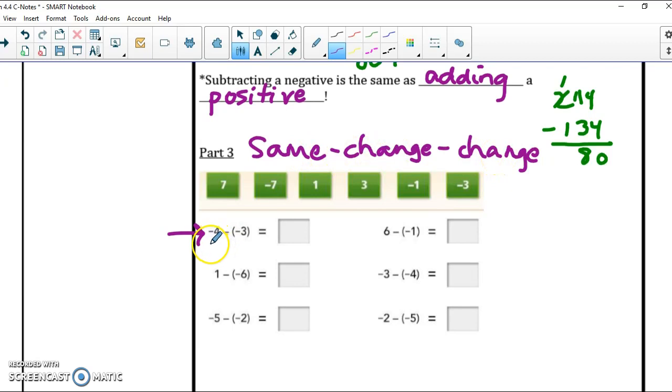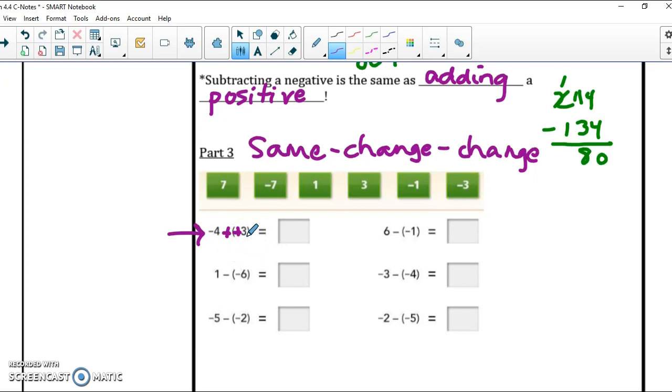So for this example, I'm going to keep negative 4 the same. It's going to stay negative. But the next 2 signs that I see, I'm going to change. So I'm going to change this minus to a plus, and I'm going to change this negative to a positive. So now I have negative 4 plus 3. So now I'm back to my addition rules.